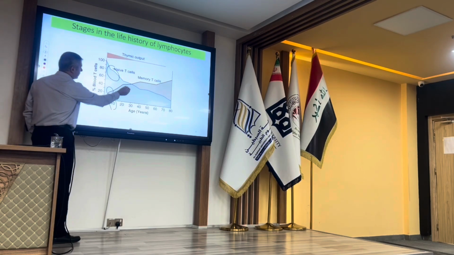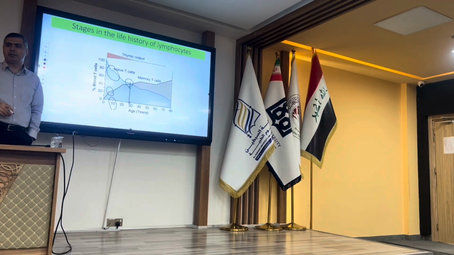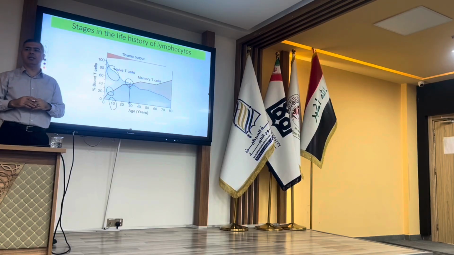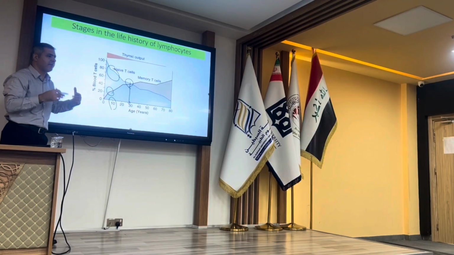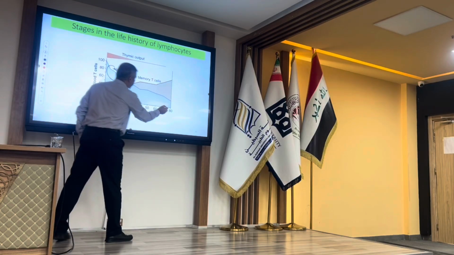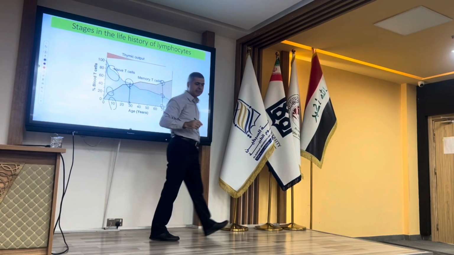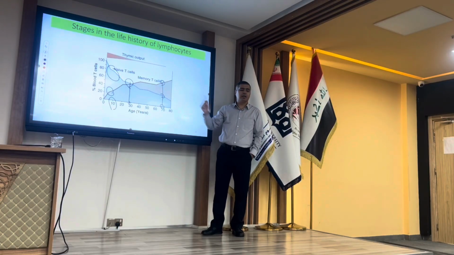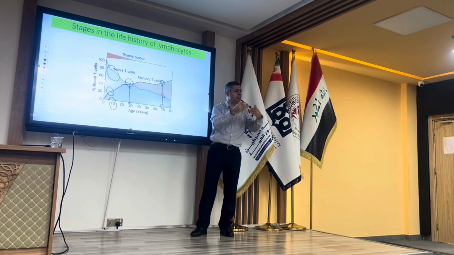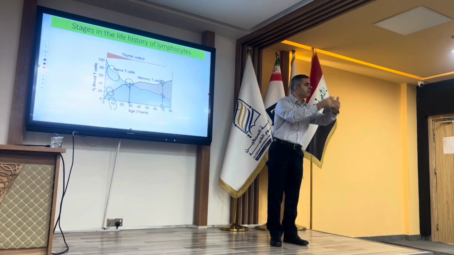But over time, for example in a 30 years old man or woman, the number of naive T cells and memory cells is equal because they have been exposed to more antigens. And over time, for example in a 70 years old, the number of naive cells is less than the number of memory cells because they have experienced more antigens. Any exposure to any antigen will produce new memory cells.